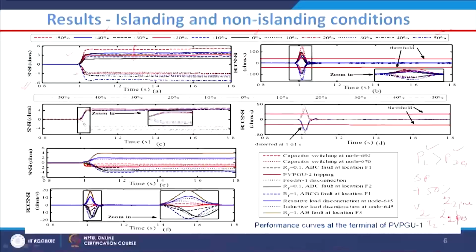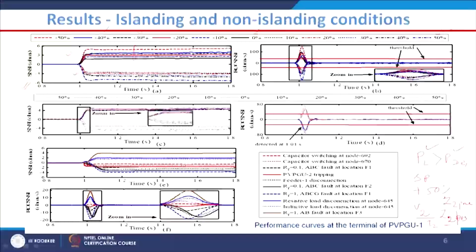But during this islanded mode of operation, due to the disconnection of the DGs or breakers, V2 and I2 are going to be affected, or the impedance of the circuit is going to be affected. So, this Z2 post is different for different power mismatch situations. If it is lower than my Z2 pre, the difference of the superimposed negative sequence impedance will be negative, and that is why for plus 50% the SNSI values are in the negative direction.